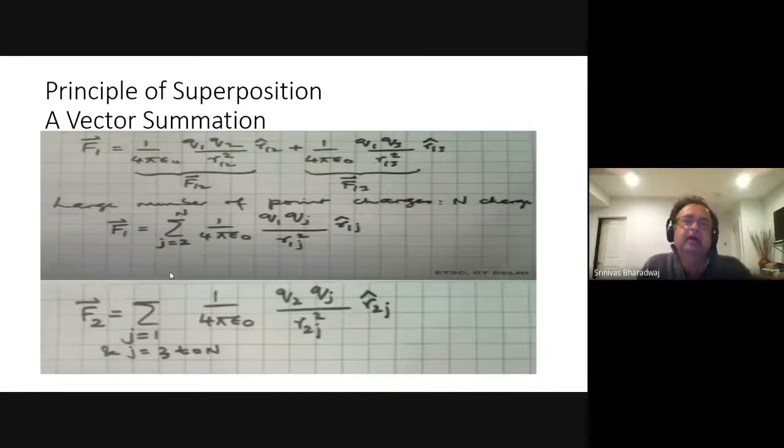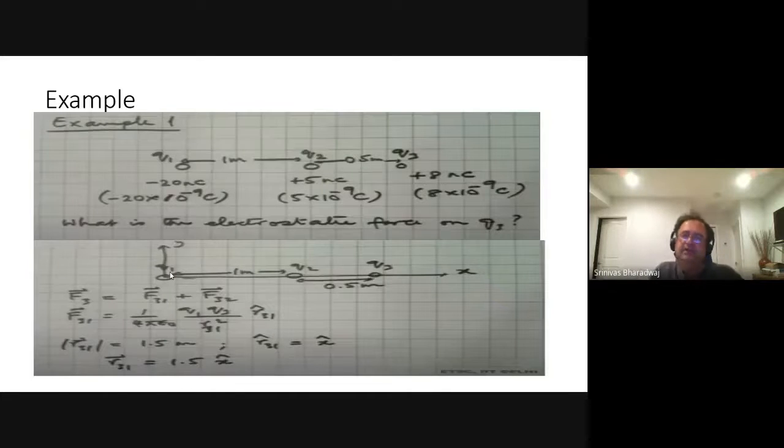Coulomb's law provides the force: like charges repel, unlike charges attract. If we have a large number of charges, there are only two types, plus or minus. Therefore 1 by 4 pi epsilon naught Q1 Q2 by R square, and R hat is the unit vector along the line joining the two charges. So that is the basics of electrostatics.